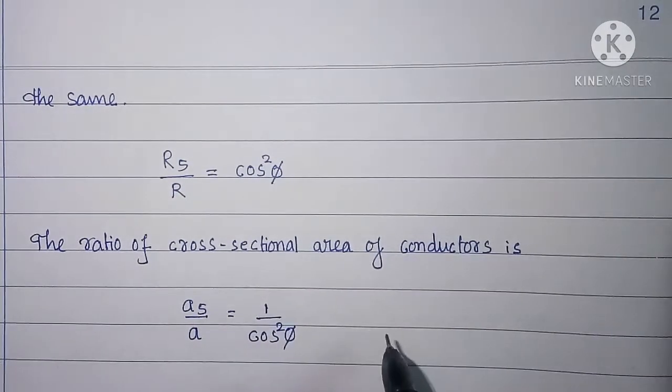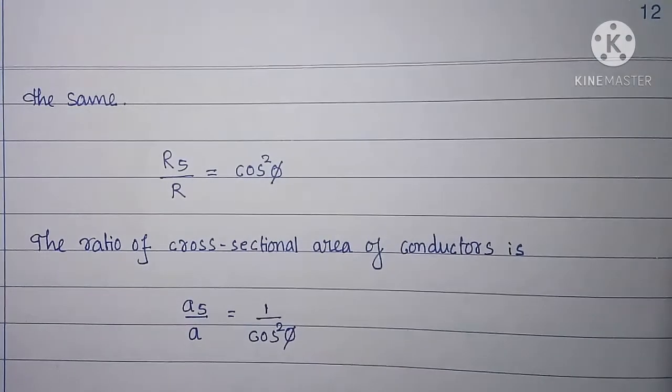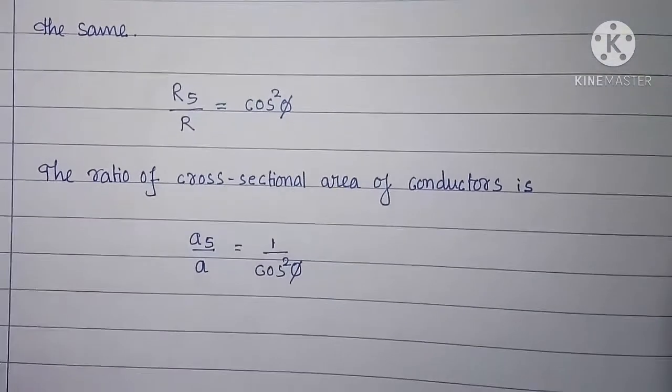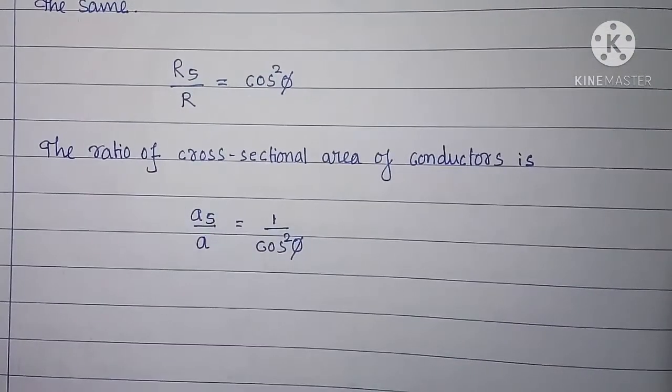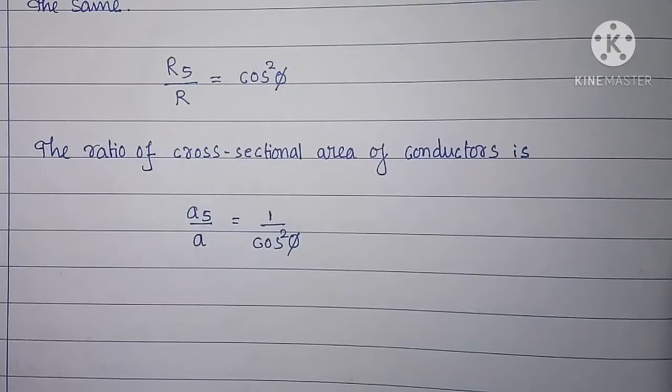We know that resistance of a conductor is inversely proportional to its cross-sectional area. Here in this system we are making use of 4 wires with 3 wires having area of cross section A phi and 1 wire having area of cross section half of A phi.